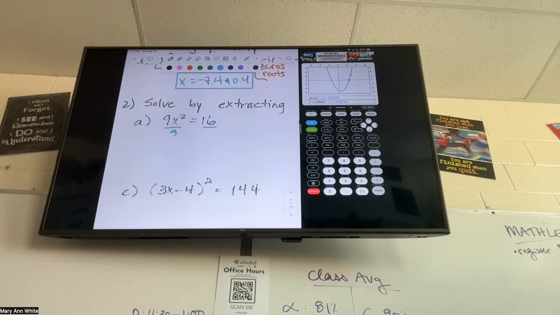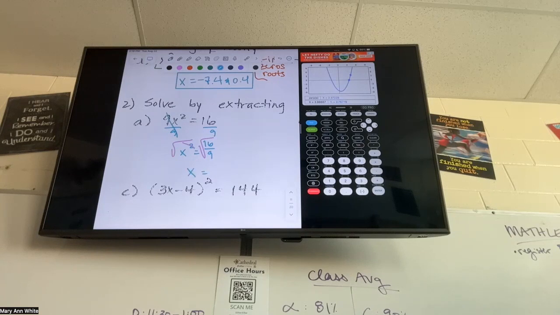This first one, if I divide by 9 on both sides, I get x squared equals, and I know it's tempting, do not put it in the calculator, 16 over 9. Now, we are good because it says x squared. I can get rid of that square by square rooting both sides. You guys okay with that? The square and the square root cancel each other out, so I'm left with x.